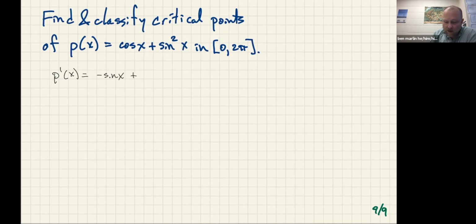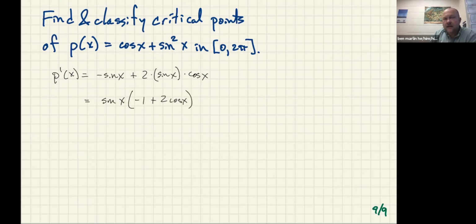Something's being squared on the outside, so you'll have 2 times the thing that was being squared, the sine x, times now the derivative of that thing that was being squared. So that's going to be a cosine of x. All right. Now, if you spot there, sine will factor out of both of those, and you'll have a minus 1 plus 2 cosine of x.